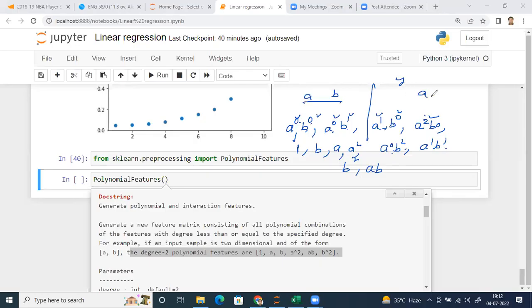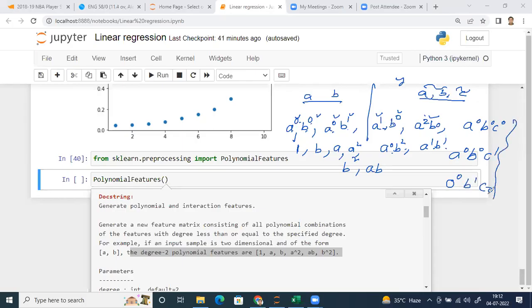And you can guess what it will do if I get A, B, and C, everyone. Every possible combination up to degree 2 of these 3, it will create. For example, first can be A to the power 0, B to the power 0, C to the power 0. Next, A to the power 0, B to the power 0, C to the power 1. Then A to the power 0, B to the power 1, C to the power 0. Something like that.